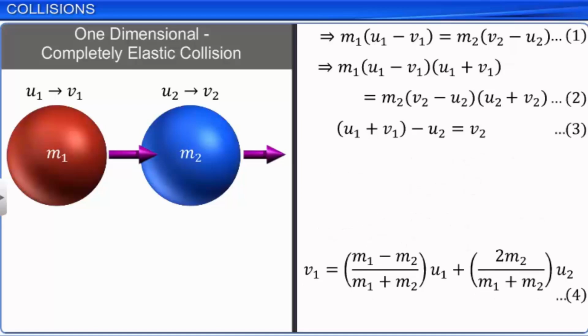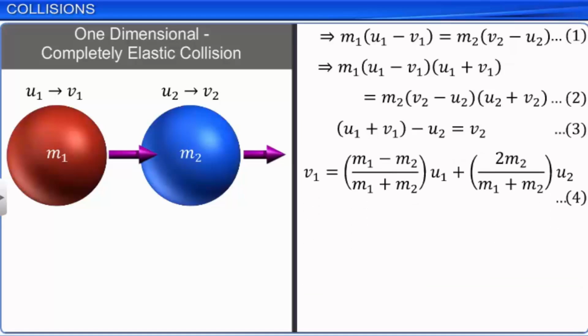From equation 3, we get v1 = v2 + u2 - u1. Let this be equation 5.